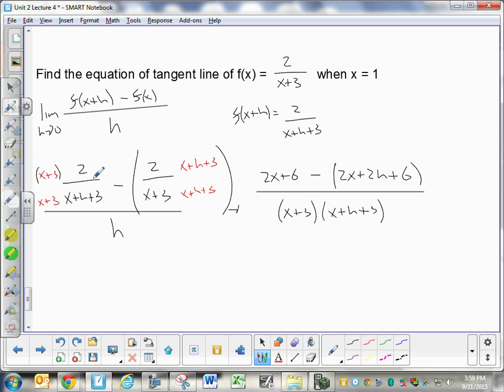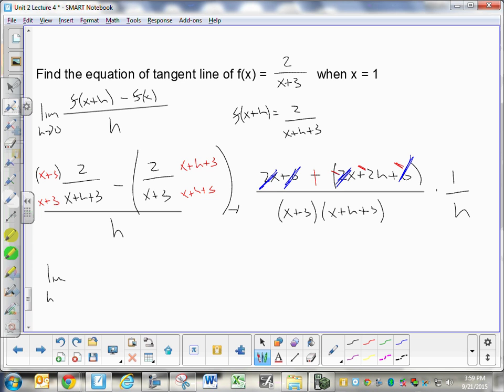And then we remember that you can multiply by 1 over h, which is the same as dividing by h. Good. Let's distribute our negative symbol. That goes over here, here, and here. And we can see that the 2 x's will cancel, and the 6's will cancel, which means I'll probably be able to cancel this h with this h. Let's see what I got.